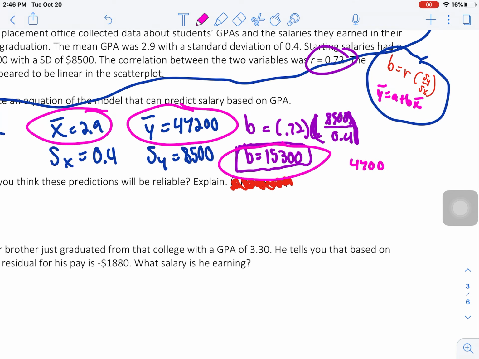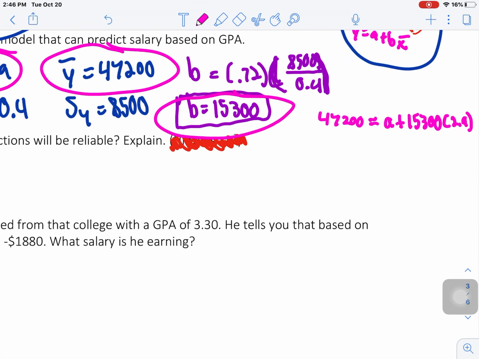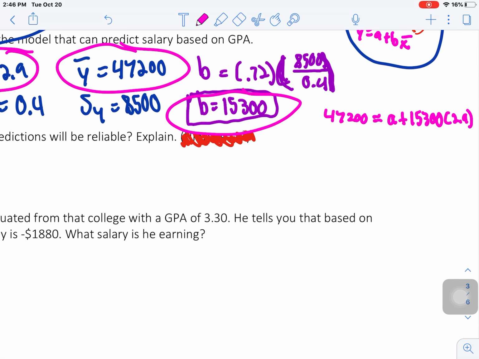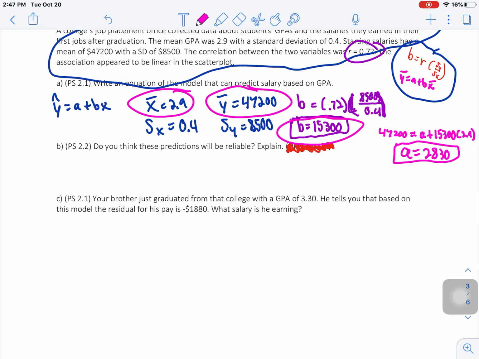So plugging those three things in, it's 47,200 as y bar equals a, we don't know what the y-intercept is, plus 15,300 times x bar, which is 2.9. A little bit of multiplication, a little bit of subtraction. You would solve this and you would have a equals 2,830.